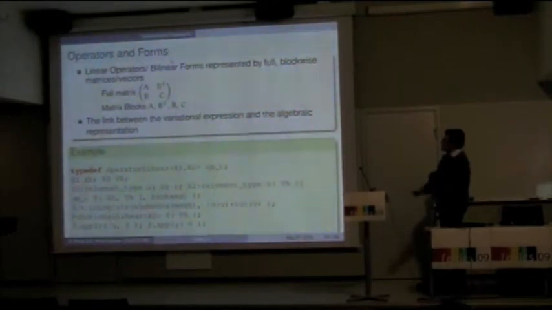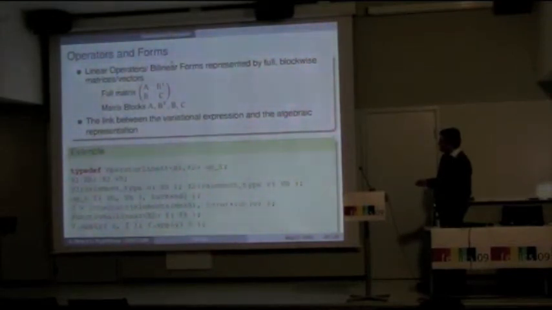Then we have the operators and forms. So basically we can deal with either full or blockwise matrix vector assembly. And we have typically high order concepts like operators, linear operators, and functionals, like linear functionals.